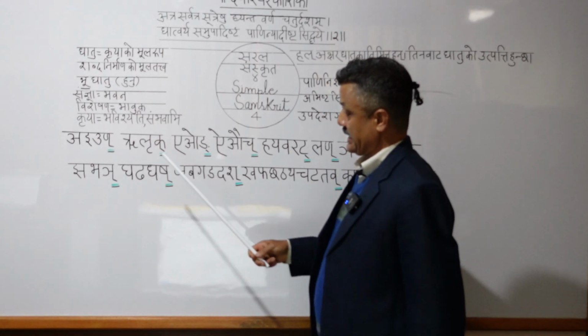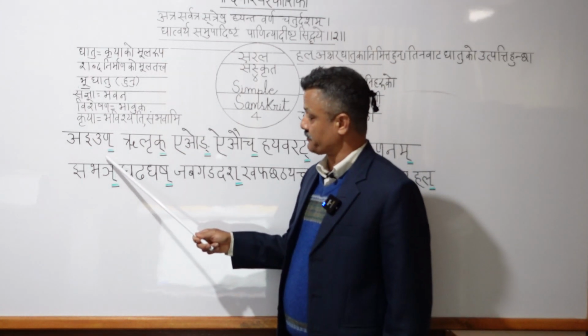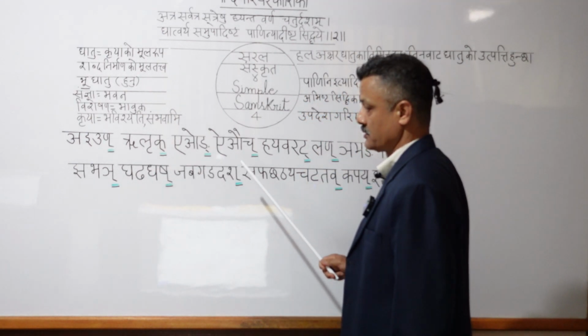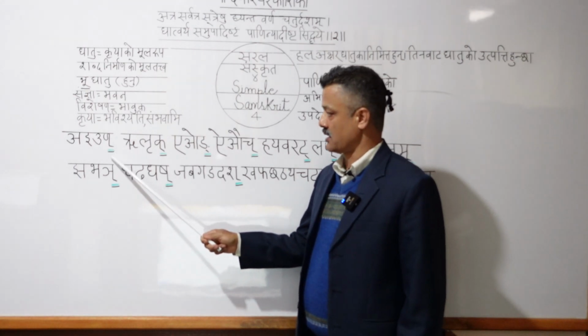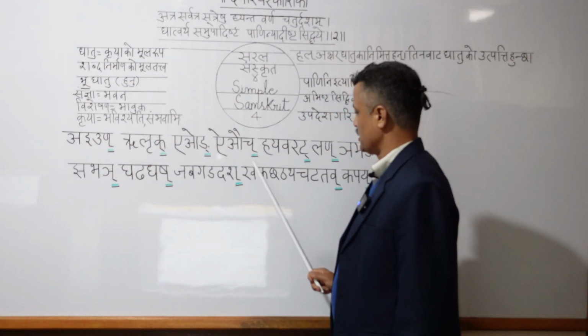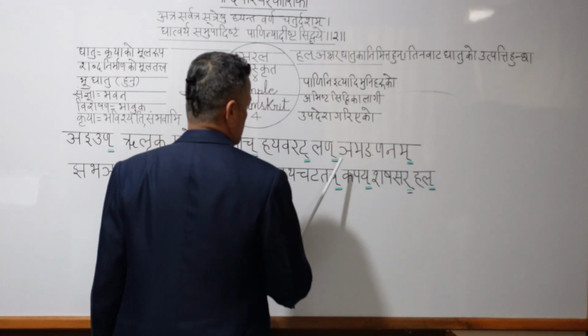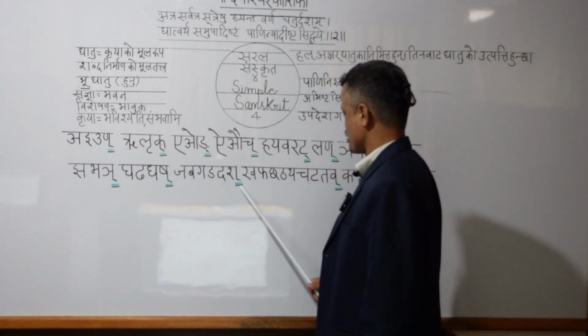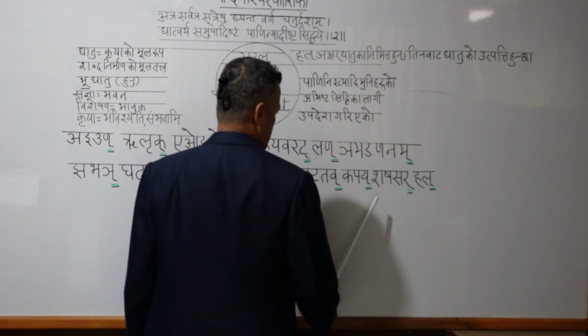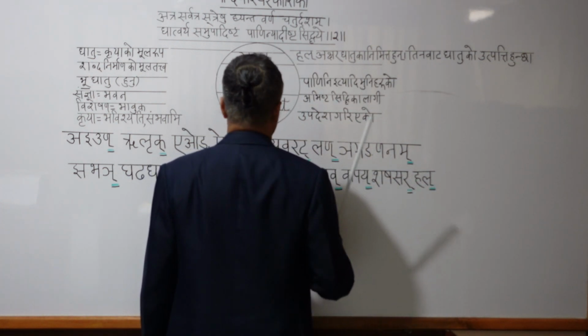So at the end of each of these 14 aphorisms, you have one hal letter like na, ka, nga, cha, ta, na, ma, ya, sa, sha, va, ya, ra, la.